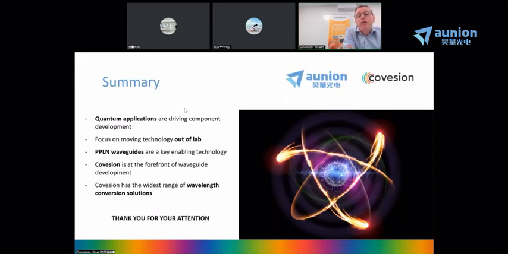Our focus the whole time is with providing end customers with easy to use solutions so that they can implement these in larger systems. Our periodically poled lithium niobate waveguide is a key part of this technology because it provides a robust, high efficiency conversion solution. And I would like to highlight that we're at the forefront of developing this technology.